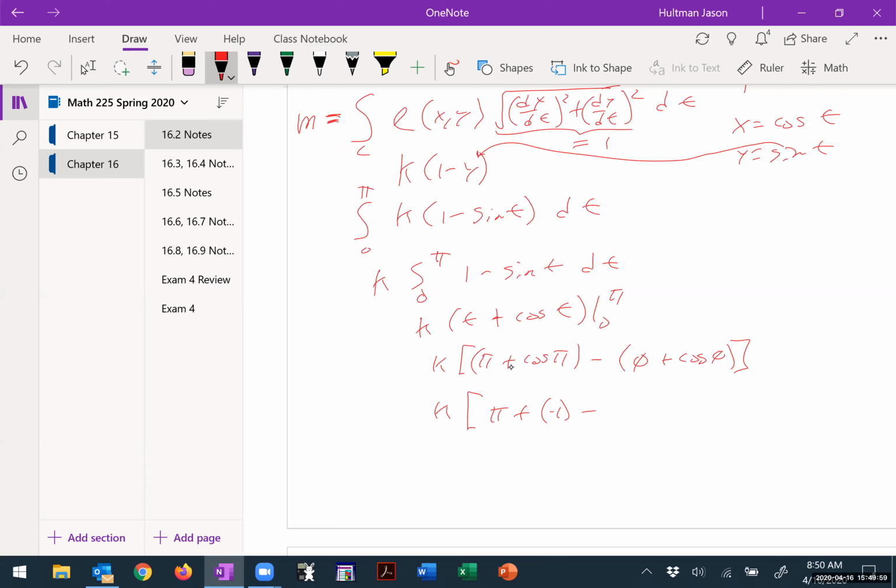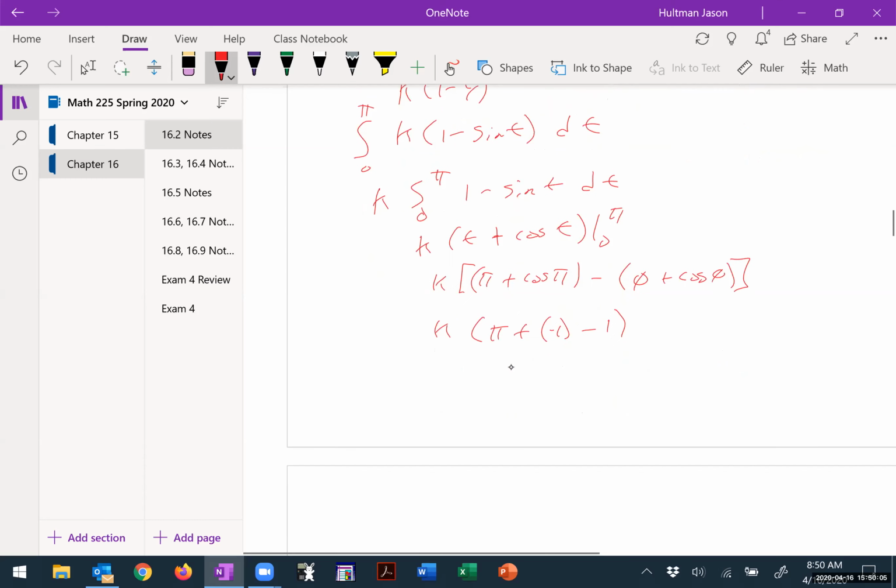So this is a minus 1. And so we get k times pi minus 2. Okay, k times pi minus 2, and so that's the mass.